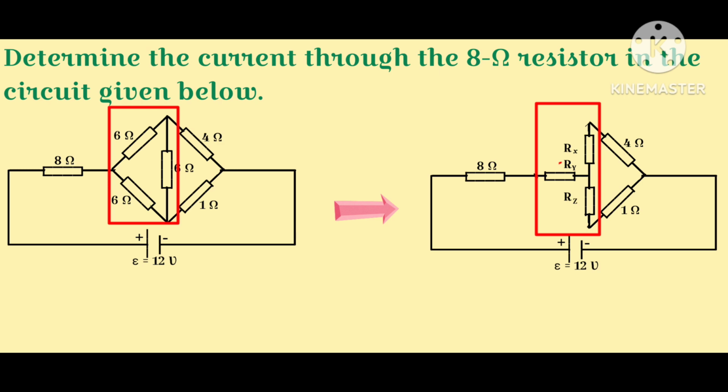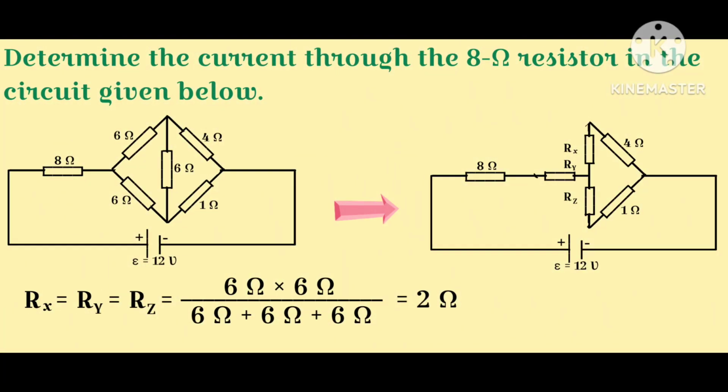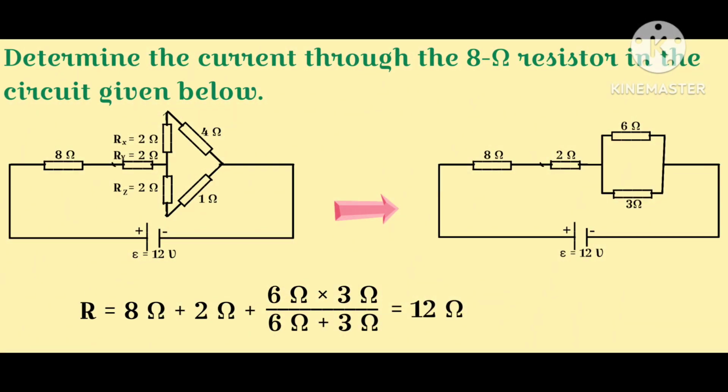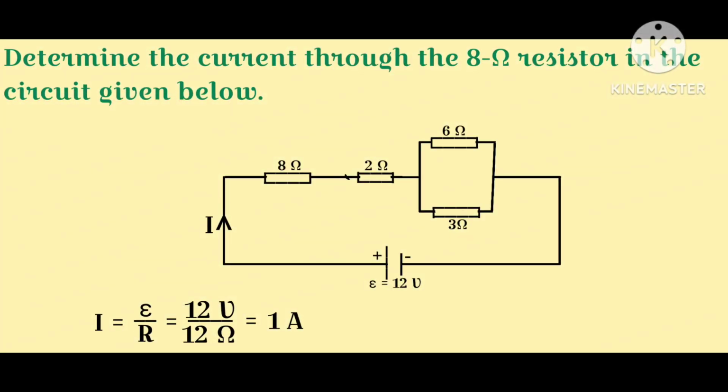Let's now calculate the resistances of the delta converted star connection. Let's give a simplified look to the converted circuit so that the equivalent resistance of the whole circuit can be calculated and the current through the 8 ohm resistor can be determined.